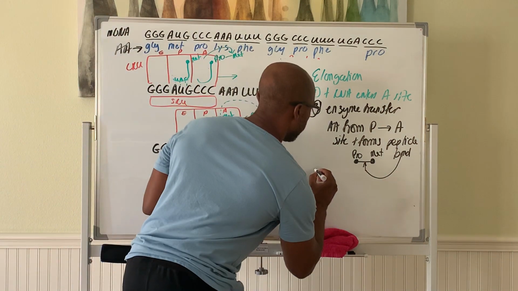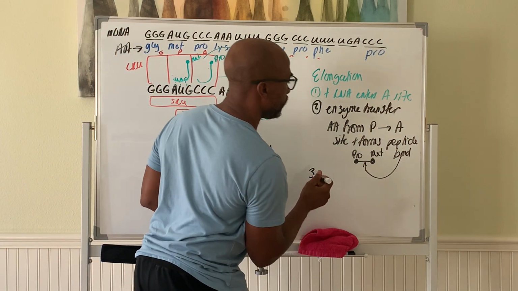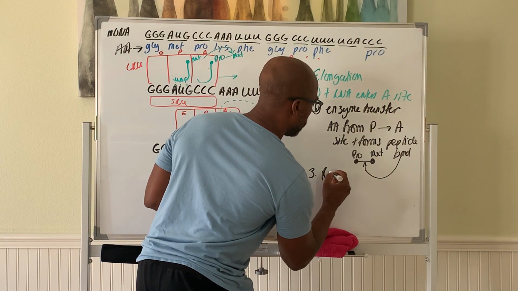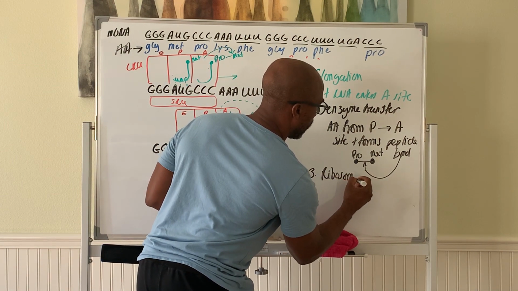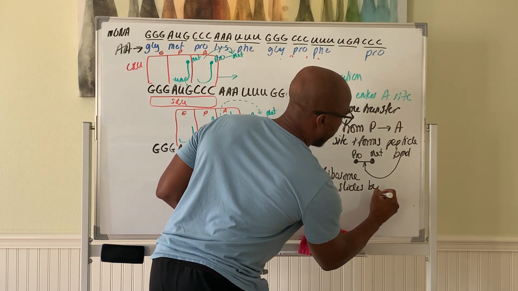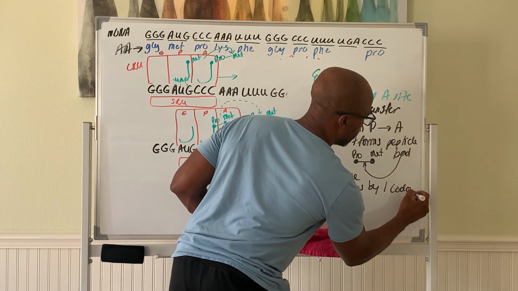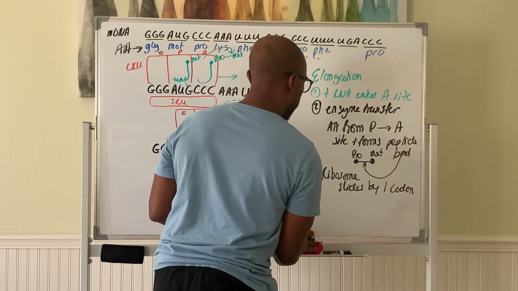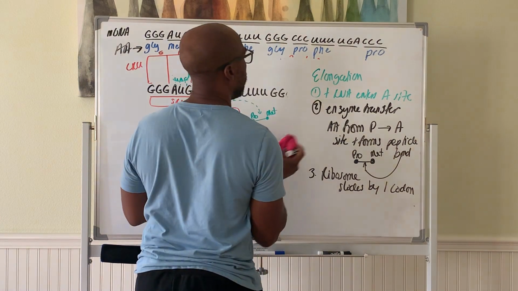In step 3, ribosome slides by 1 codon, right?